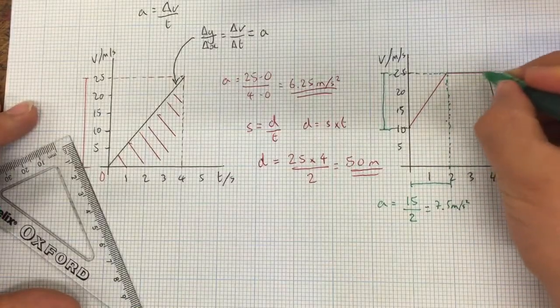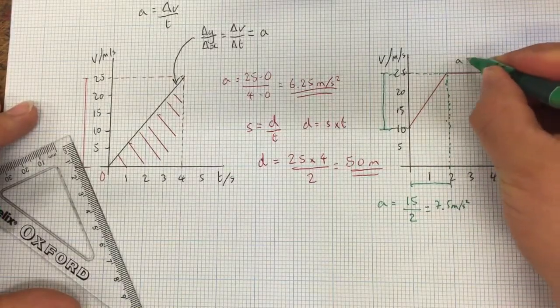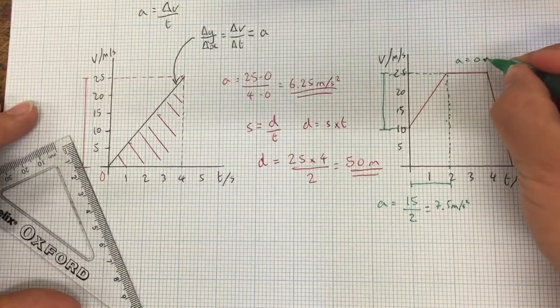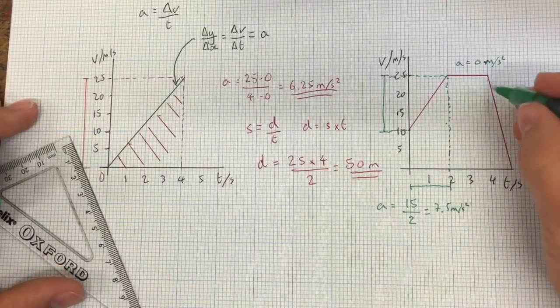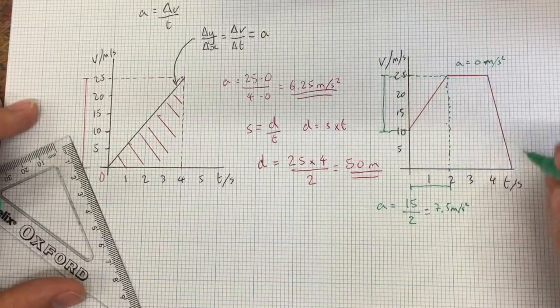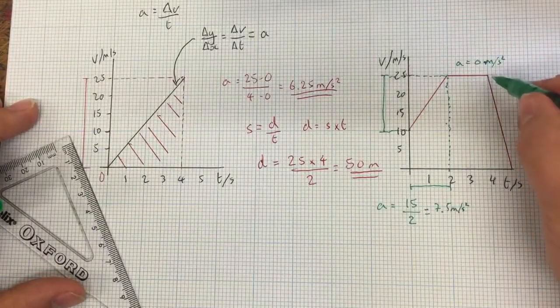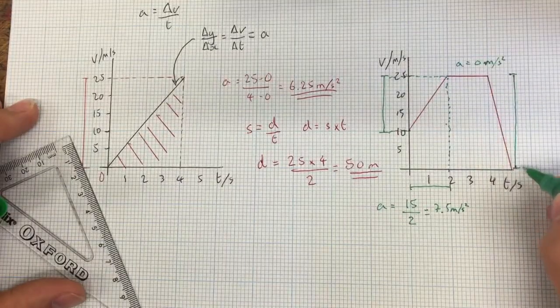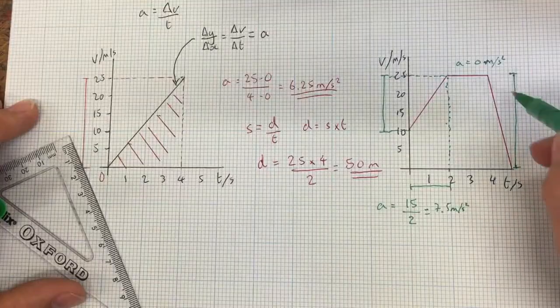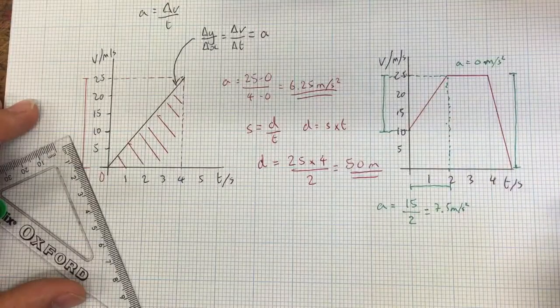This part here is constant speed, so at that part the acceleration is simply 0 meters per second squared because it's not increasing or decreasing its speed. And here it's now traveling at constant deceleration, so I do the same thing. So we can see that it starts at 25 and ends at 0.